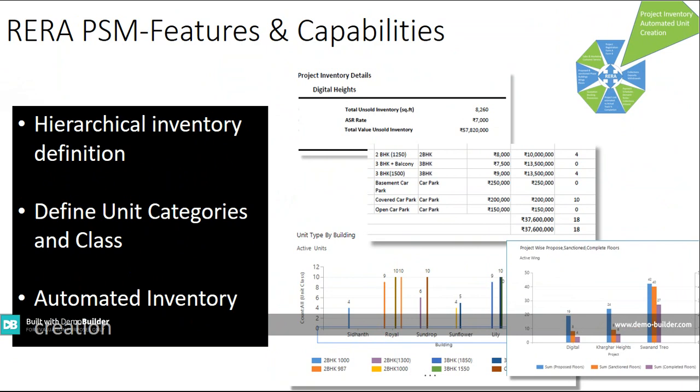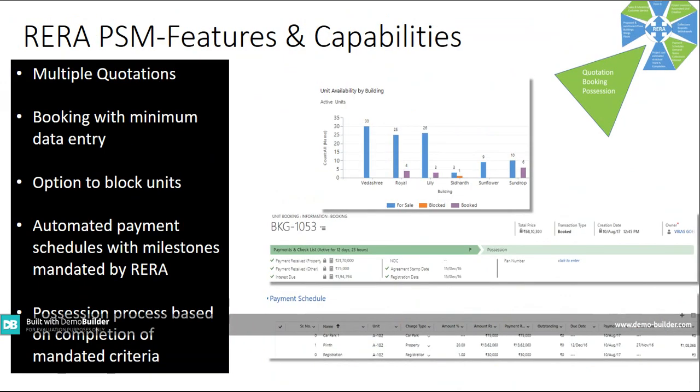For each class you can define a payment schedule which gets applied to all units belonging to that unit class. At the time of creating a quote or a booking, this payment schedule is referenced to create the quote or booking payment schedule. The payment milestones defined in the payment schedule are as per RERA guidelines. As part of the sales process, you can create quotes for specific units and then convert these quotes to bookings.